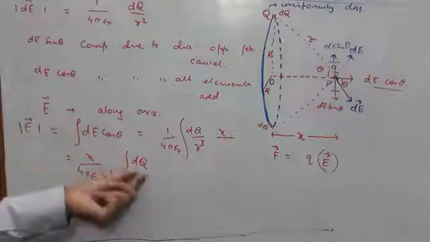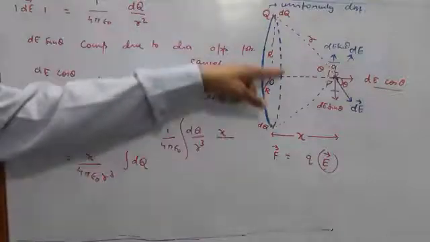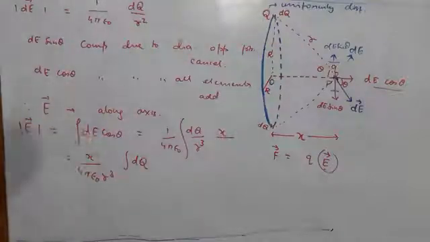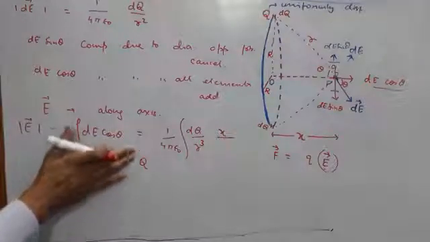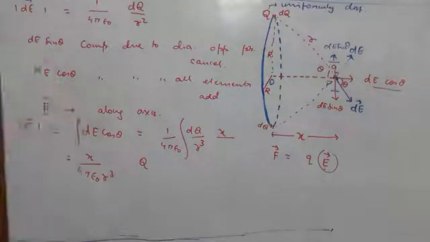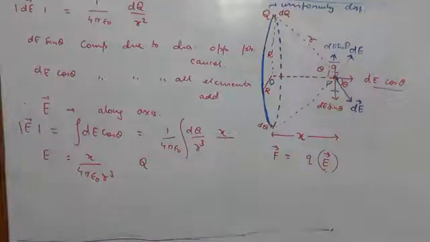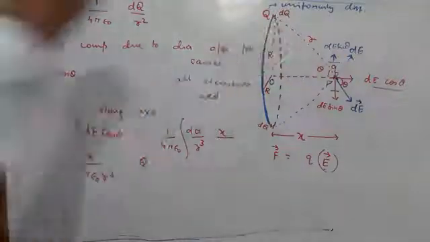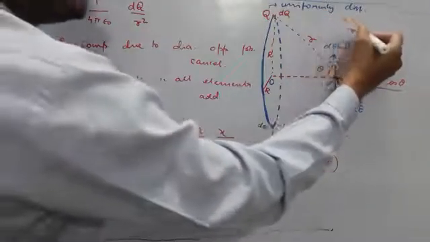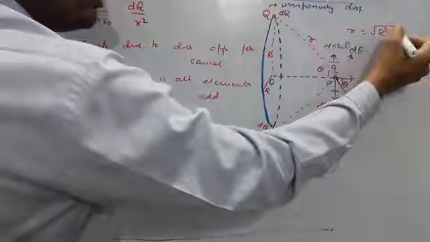Now dq is the small charge element. On integrating, we get the total charge on this particular ring. The total charge on the ring was given to be capital Q. So we can replace it by capital Q. Now in this expression, we can put the value of small r. Small r, you can see, students, using Pythagoras theorem, you can write as under root R square plus x square in this triangle.